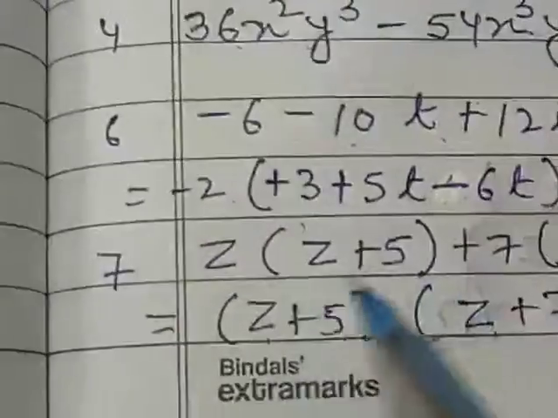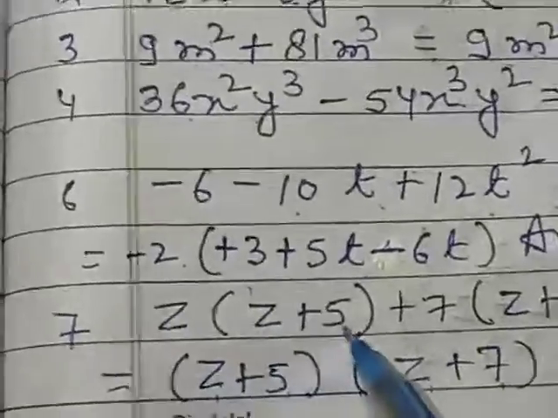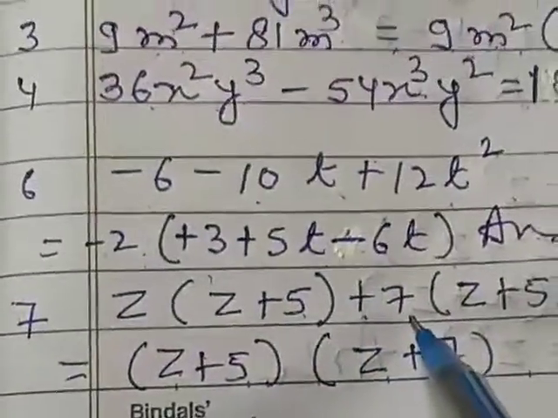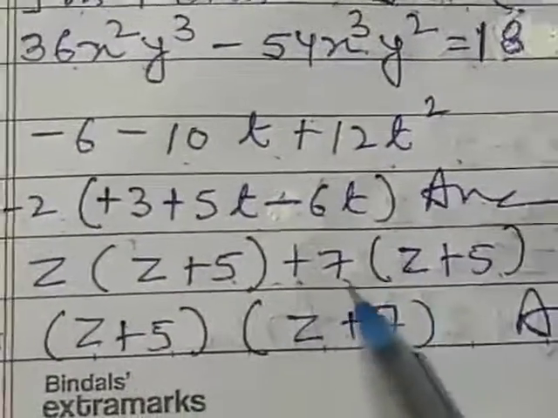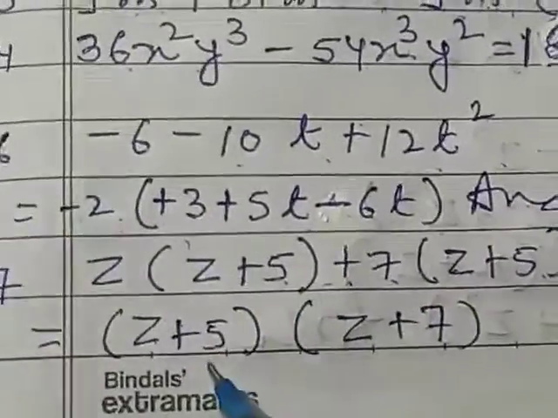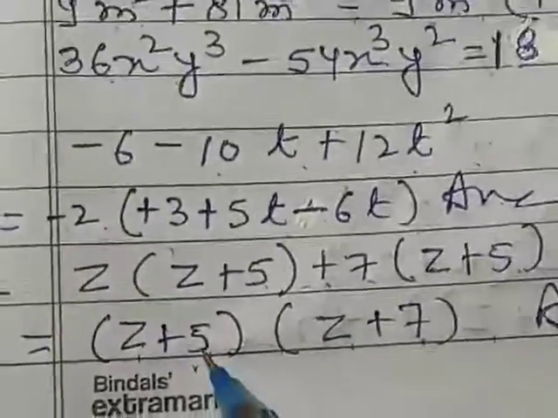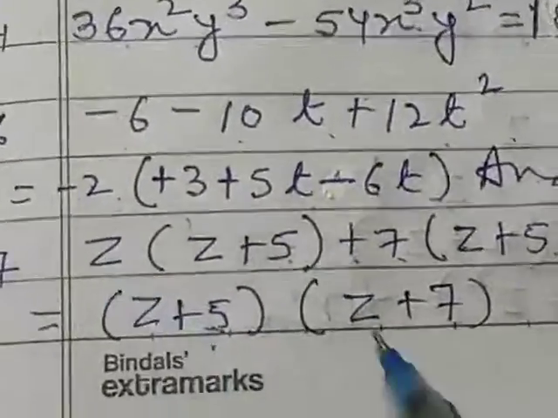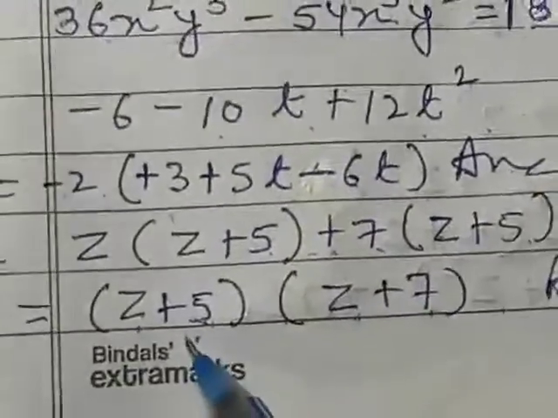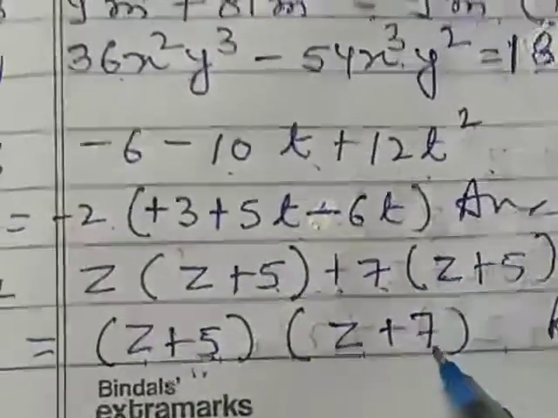This is the answer. Now z plus 5 plus 7 into z plus 5. Here this is one term and this is another term. z plus 5 is common. When z plus 5 divides the first term, it cancels out and we get only z, and z plus 5 also cancels out in the second term, where we get plus 7.